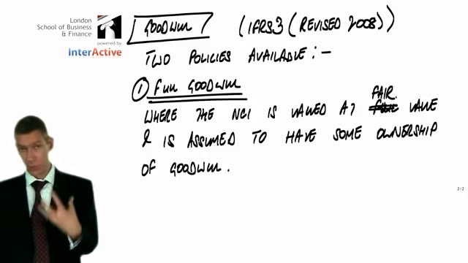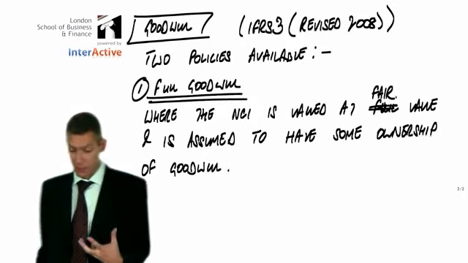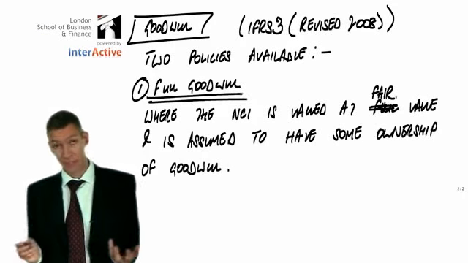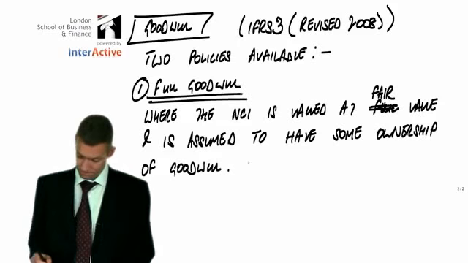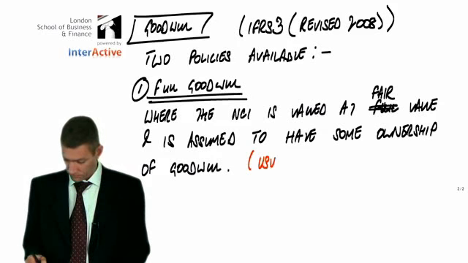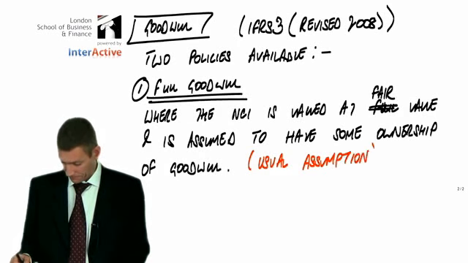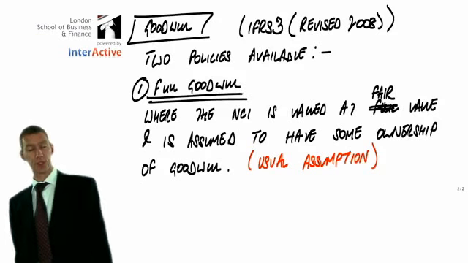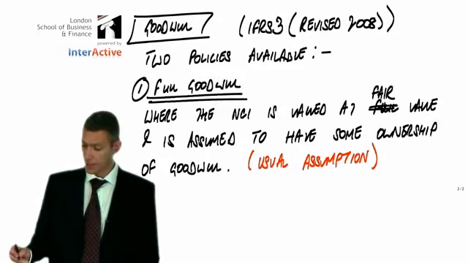That's going to be the usual one that the examiner is going to use probably 90% of the time. So that's the usual assumption that the examiner is going to make.